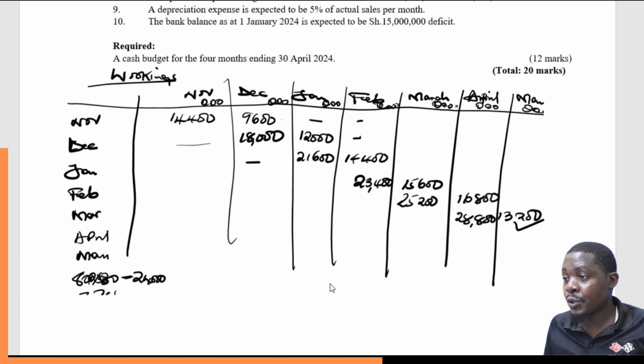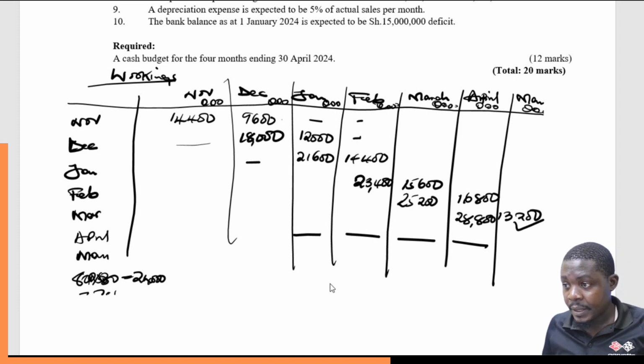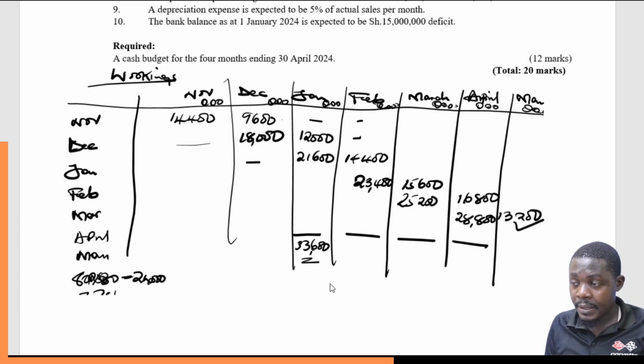Now we can do the total for January, February, March, and April. Those are the figures we are going to use. In this case, we are going to have 12,000 plus 21,600. We have 33,600. Then we have 14,400 plus 23,400. We have 37,800.